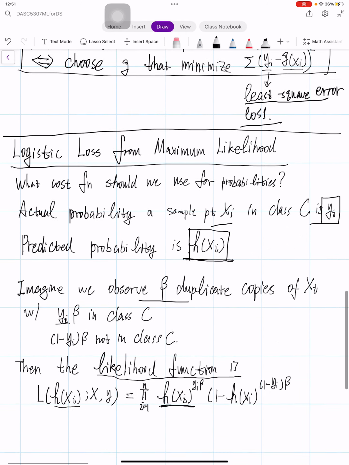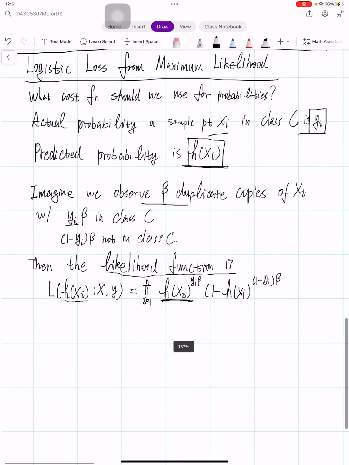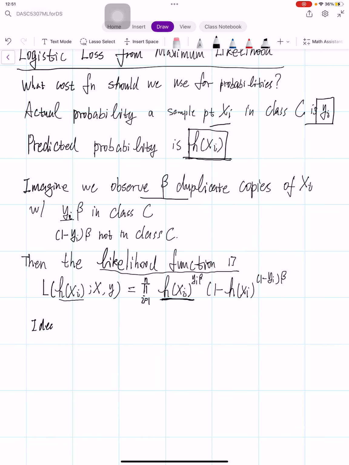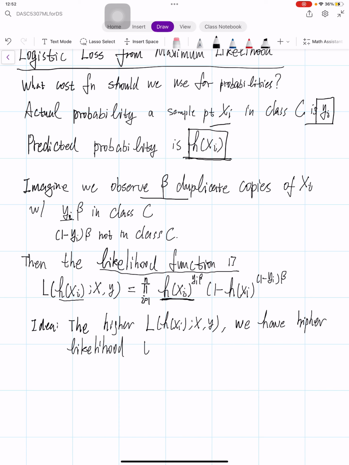Okay, so the idea is that the higher this likelihood, the higher the likelihood we have to generate labels.